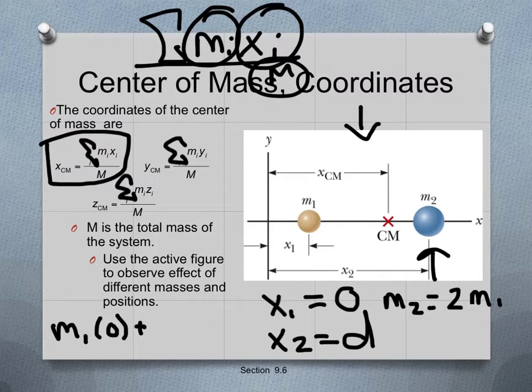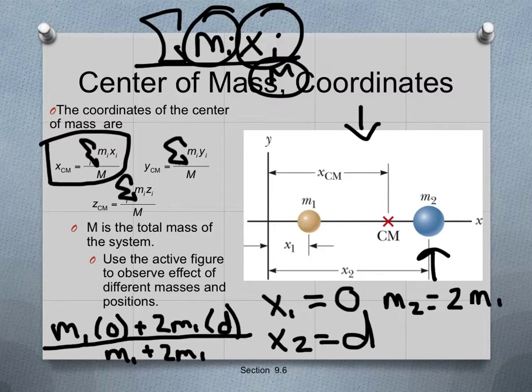So mass 1 times its position, which is 0, plus mass 2, which we just said was 2 times the mass of m1, times its position, which for the second mass we're just going to call d. And then all of that is over the total mass, so that would be m1 plus m2, but again, we said that m2 is equal to 2 times the mass of m1.